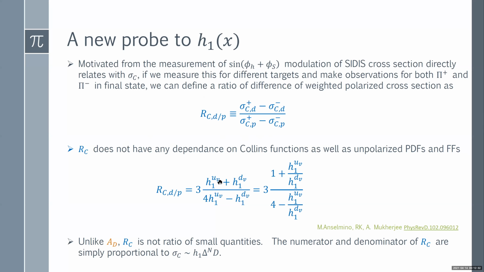And in this expression, we see that this ratio has a very simple partonic interpretation where we don't see any dependence on the Collins functions, nor on the unpolarized PDFs and the fragmentation functions. So unlike the difference asymmetry which we saw in the previous slide, this ratio is not the ratio of two small quantities, because the numerator and the denominator are simply proportional to this very factor, this one.